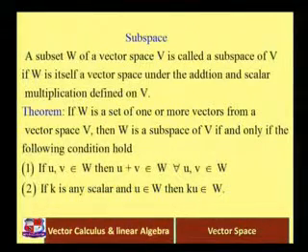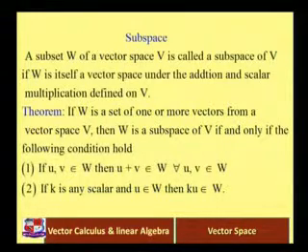Now to prove a subspace, we need to prove only two conditions, and for that here is a theorem. If W is a set of one or more vectors from a vector space V, then W is a subspace of V if and only if the following conditions hold, okay. That means to prove a subspace, we only need to check the given two conditions.